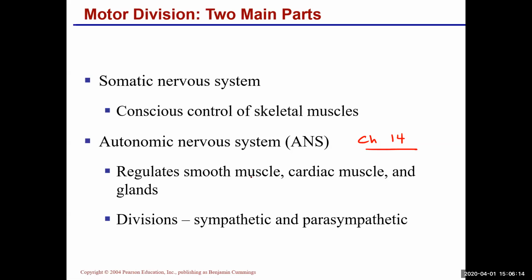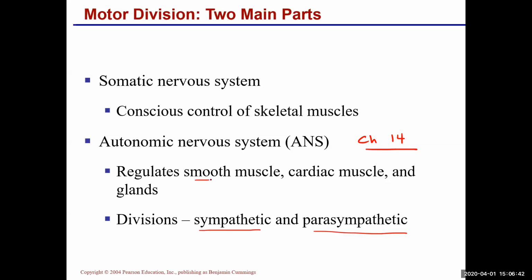The two systems, sympathetic and parasympathetic, are important, and the effector organs are different. Instead of a skeletal muscle being the effector organ, which was the case in the somatic nervous system, SNS.